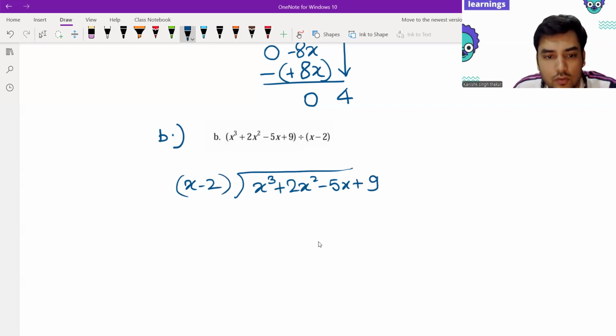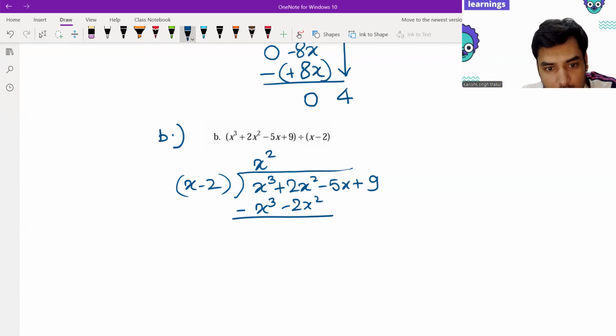Okay. So now, again, you'll be only worrying about the very first term, right? The very first term is x cube, right? So what will I multiply by to make it x cube? I'll be multiplying by x square. So that will make it x cube minus 2x square you'll get, right?